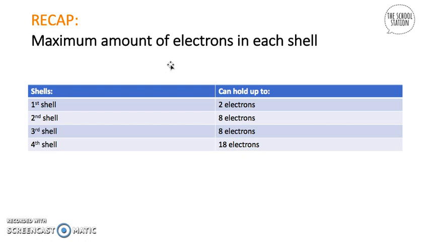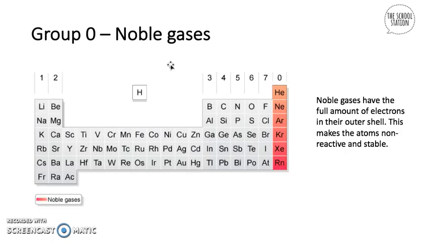So now that we've understood the maximum amount of electrons in each shell, we can talk about the special group in the periodic table. This is the noble gases group. The reason why noble gases are very important and very special in the periodic table is because they have the full amount of electrons in the outer shell. So, for example, in this example, we have helium.